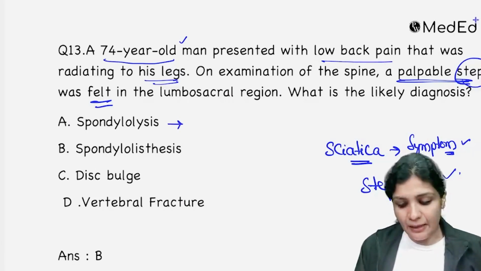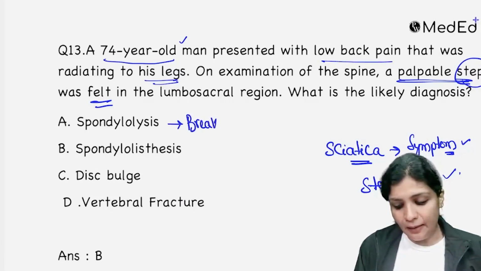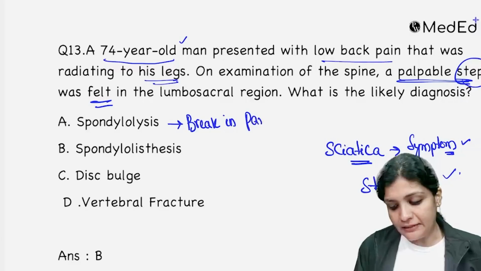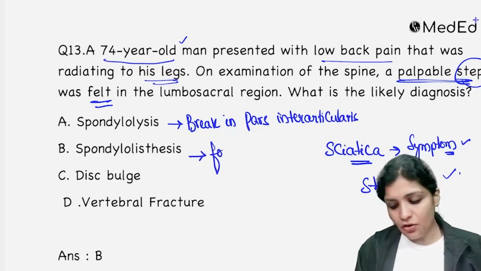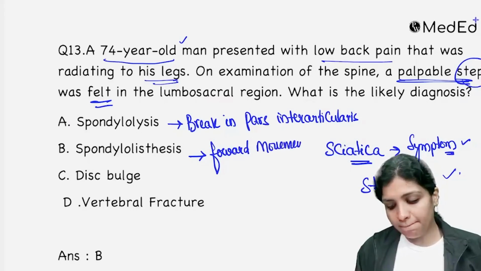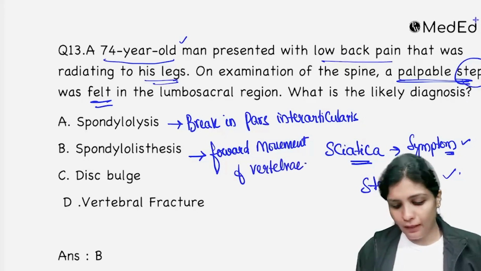Lysis is a break in the pars interarticularis. Listhesis is forward movement of the vertebrae. Then disc bulge and vertebral fracture.